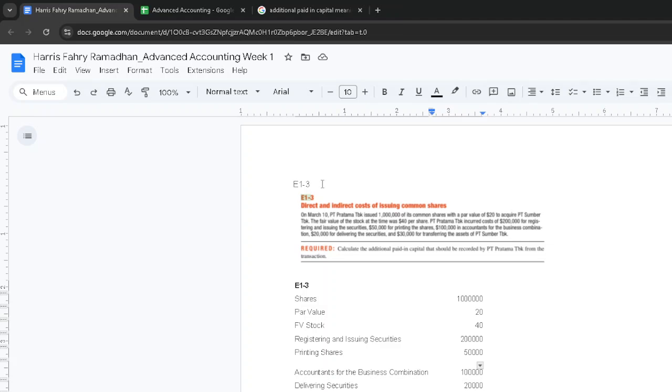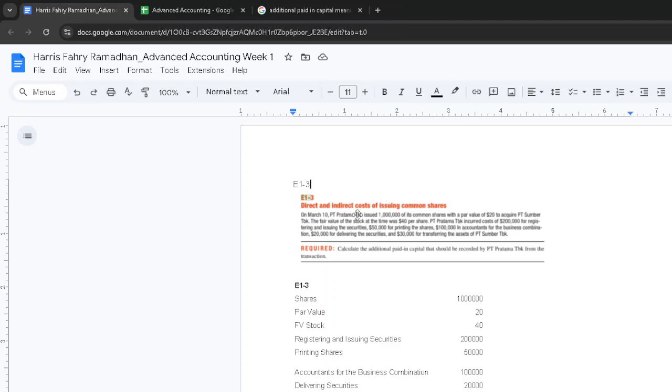We begin with the first question about direct and indirect costs of issuing common shares. Basically, a company called Pratama issued 1 million of its common shares with a par value of $20. They do this to acquire another company.